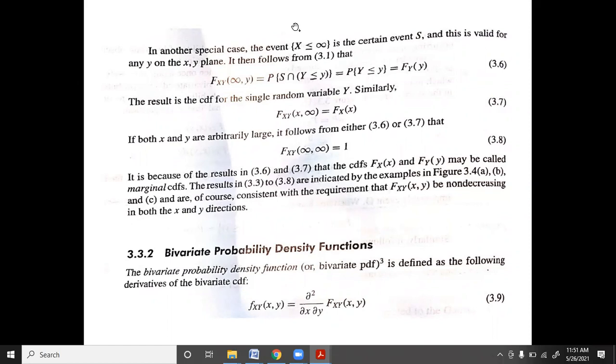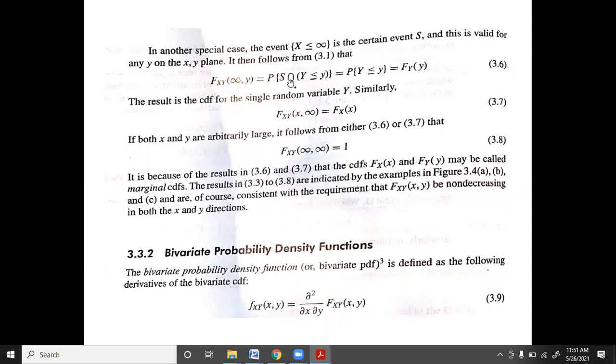We can call it a definite event or a certain event, and a certain event will be given by an event S, and the probability corresponding to a certain event will be equal to 1. A certain event intersection y less than y will be y less than y itself.